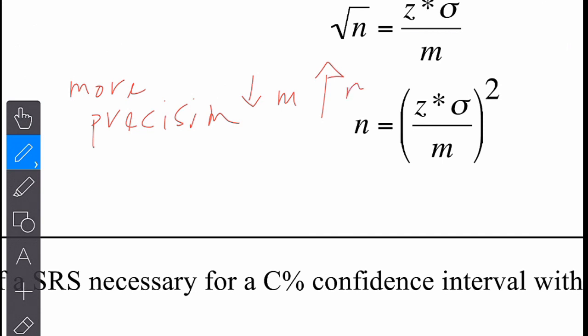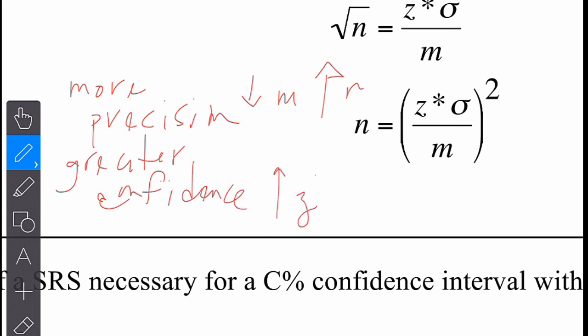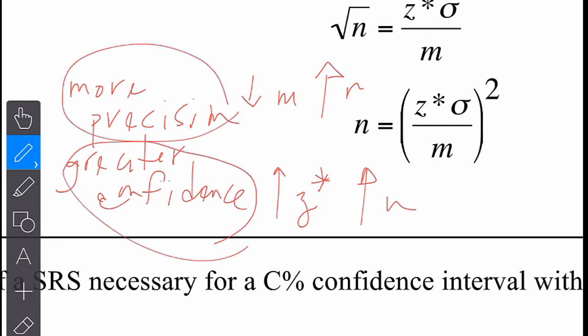If you want greater confidence of actually capturing the true population mean, that means increase the confidence level and the value z star, that will also increase n. Okay, so for more precision or greater confidence, you have to have a higher sample size.